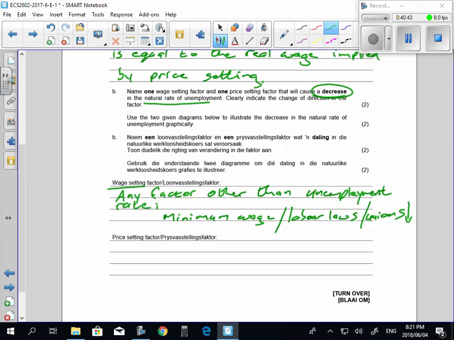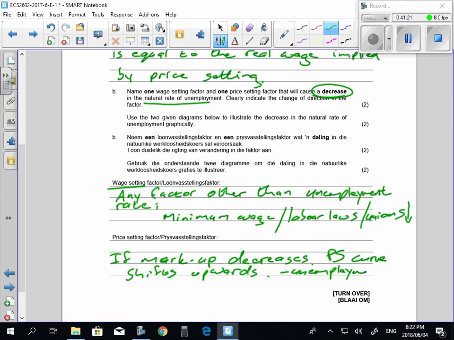Then for your price setting, if your markup decreases, the price setting curve shifts upwards. Unemployment decreases. Right.